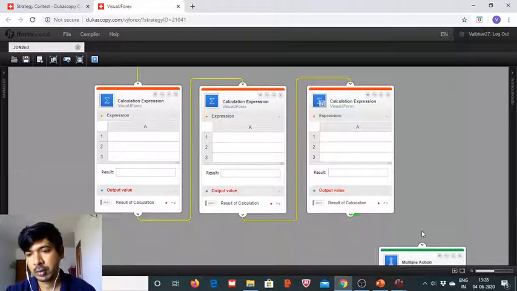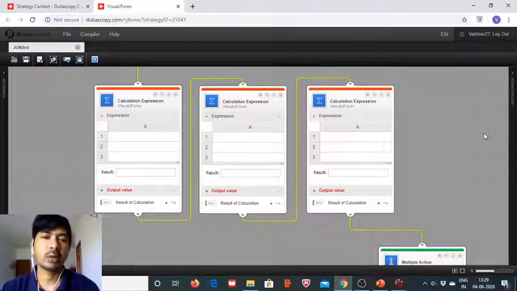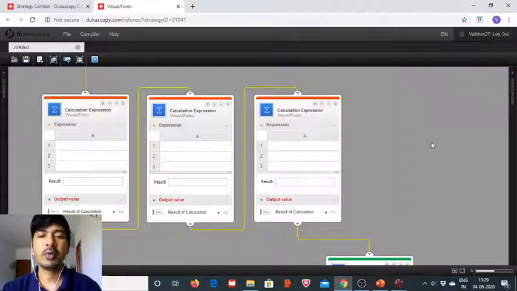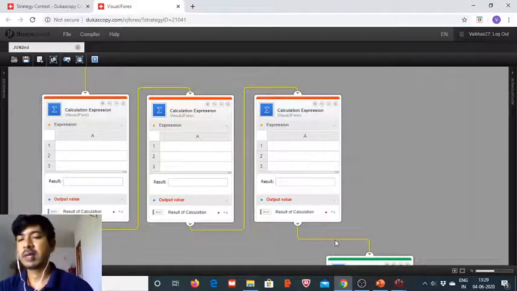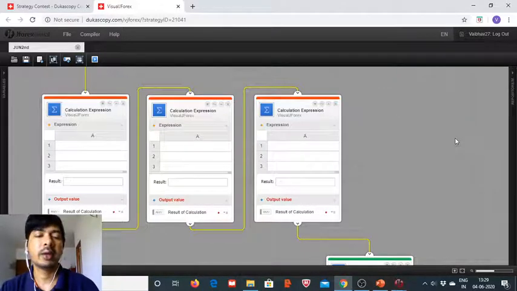Most probably we will be able to finish the calculation requirement in 3 blocks. So we have connected the flow. In case we need to revise this, we can always do that.